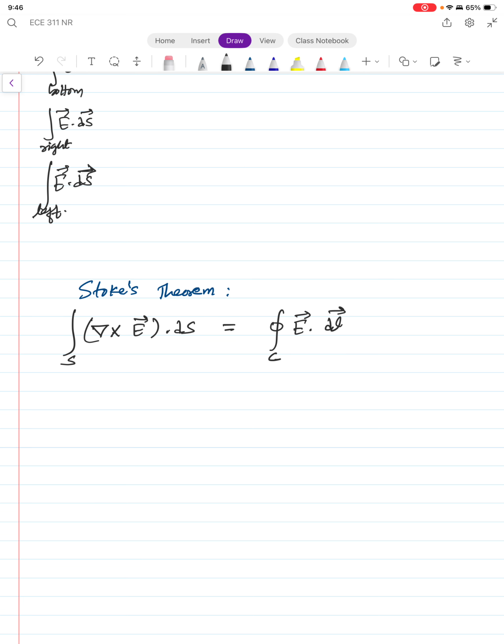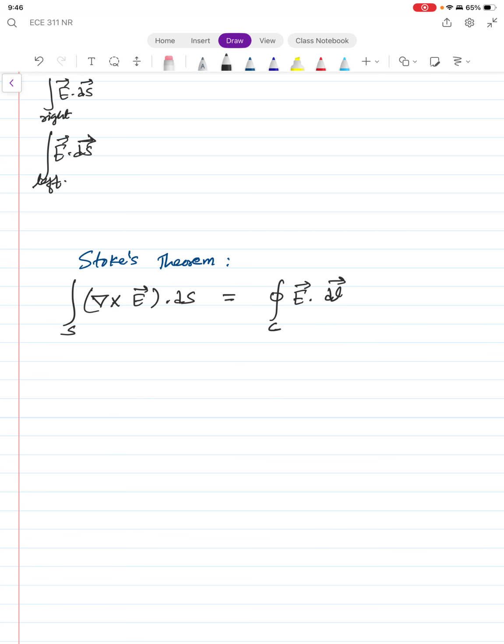So it's saying that on this side you see the surface integral of the curl, and that should be equal to the circulation of the field along the boundary.